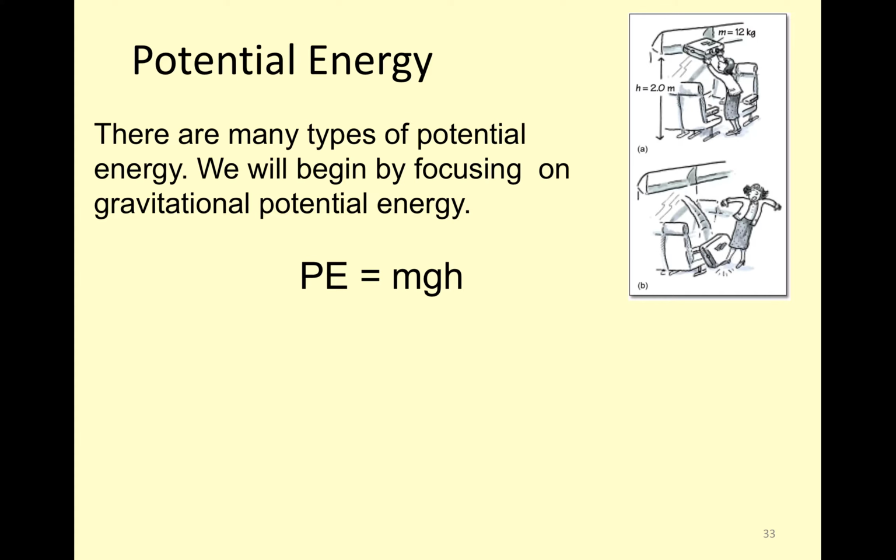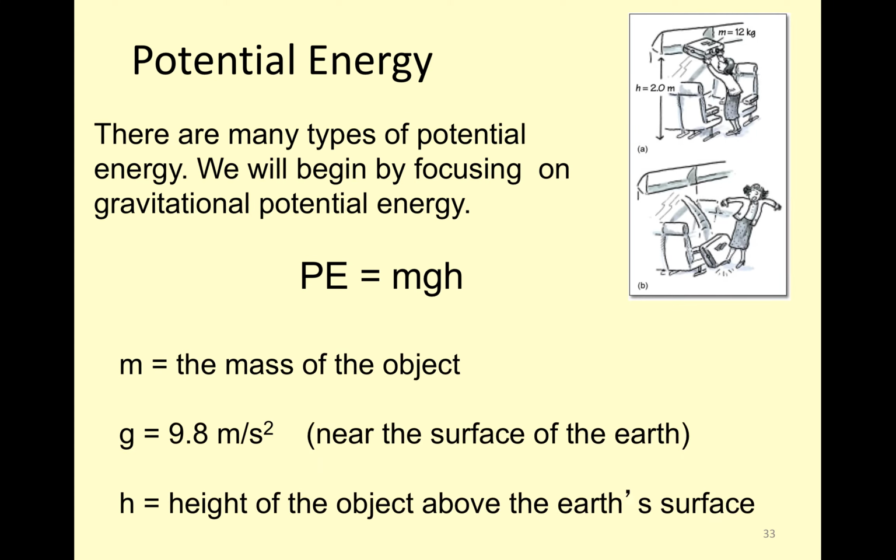H is the object's height above the Earth's surface, or an arbitrary reference. Now, if they're up in an airplane, they could be way above the Earth's surface, but we're just taking from here to here. We're taking from 30,002 meters and 2 meters down to 30,000 meters.